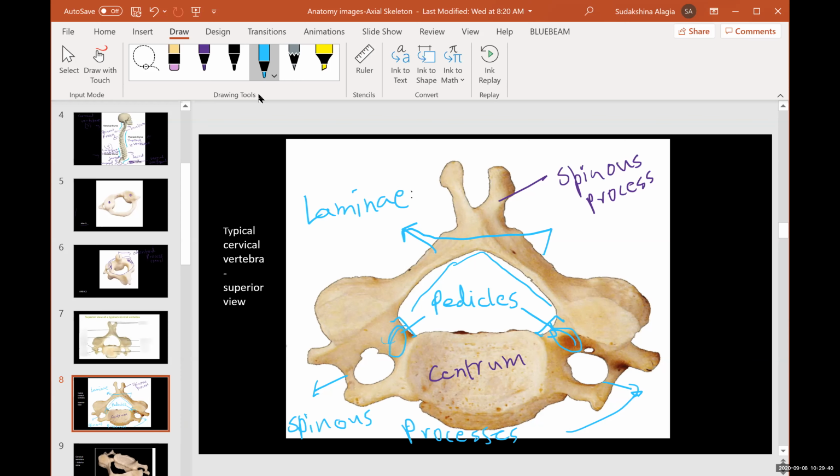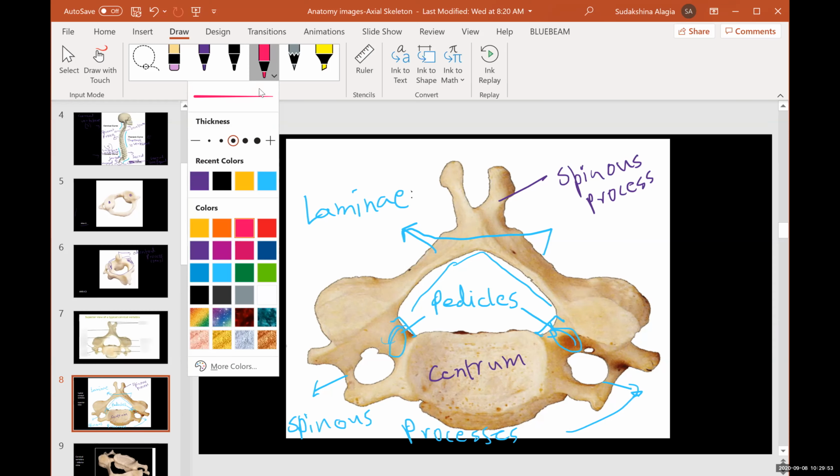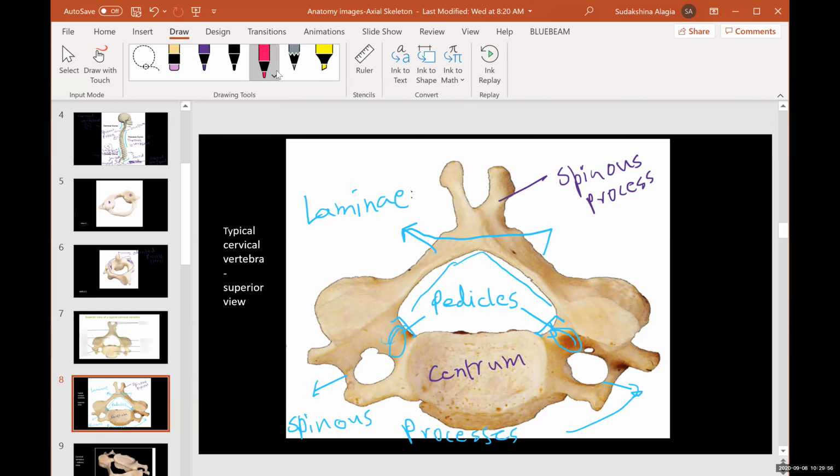What we see, this looks like it's projecting on the side. This is actually projecting up, because this is an image. This is what it looks like. I'm going to change the color so that you know which part I'm talking about. This is actually projecting up from the transverse process. In the image, it looks two-dimensional.